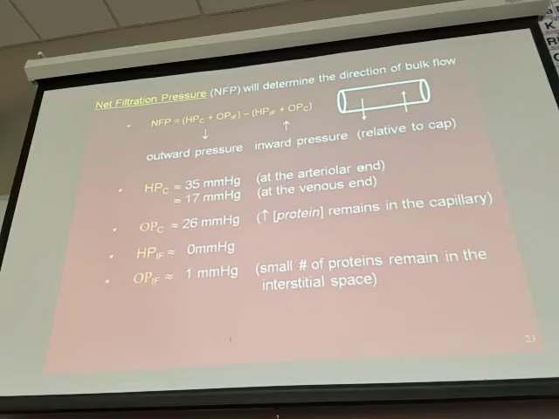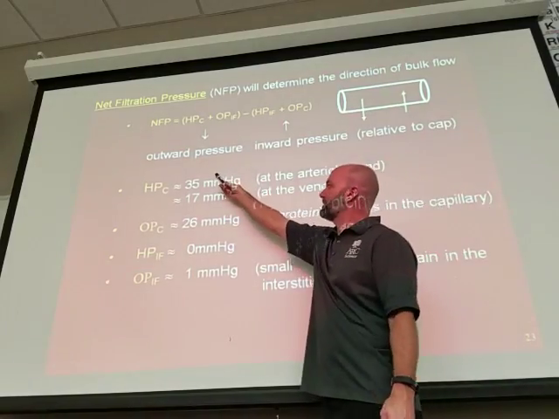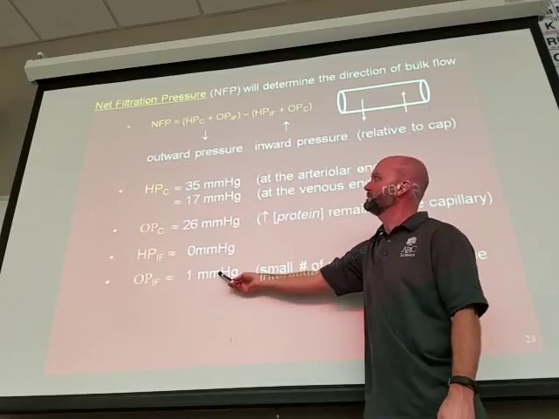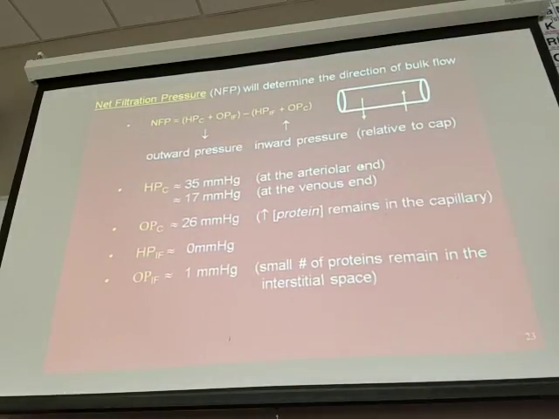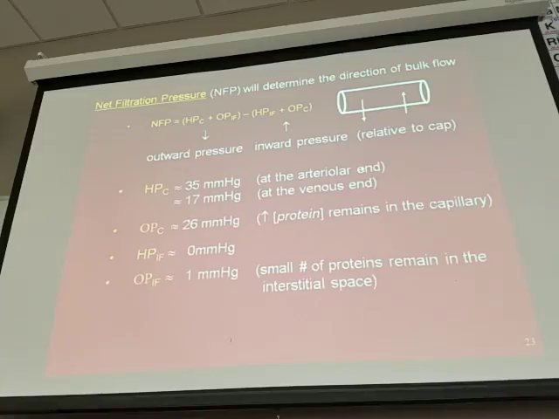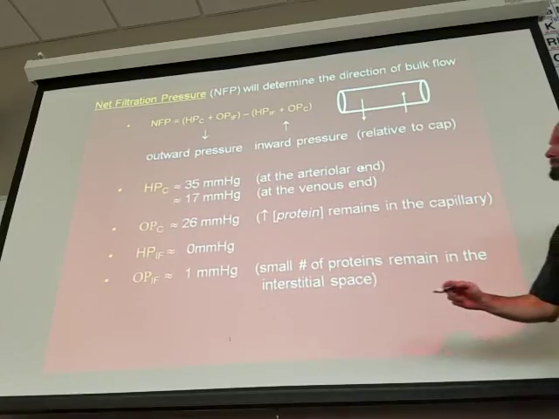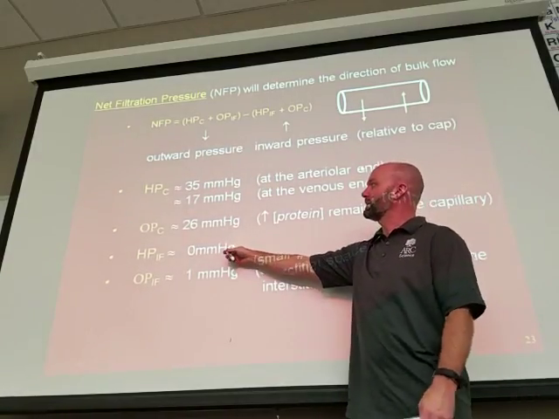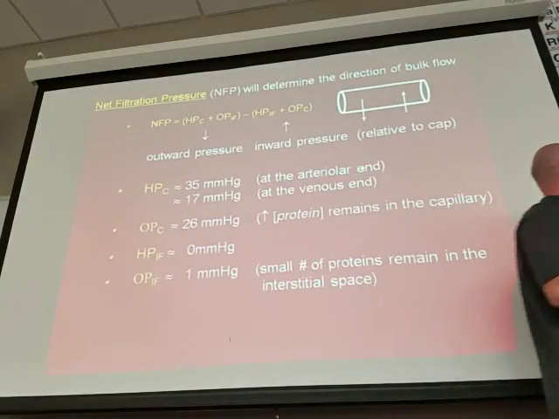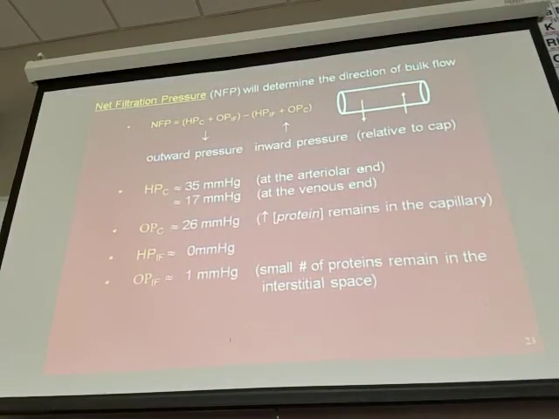So for the beginning, what are your two outward directed pressures? 35 plus 1. So you got 36. And then what are your two inward directed pressures? 0 plus 26. So the answer?